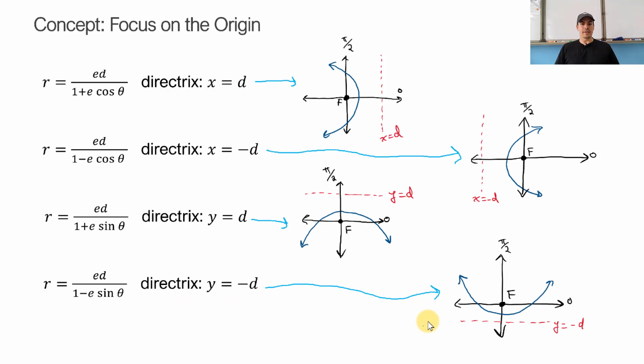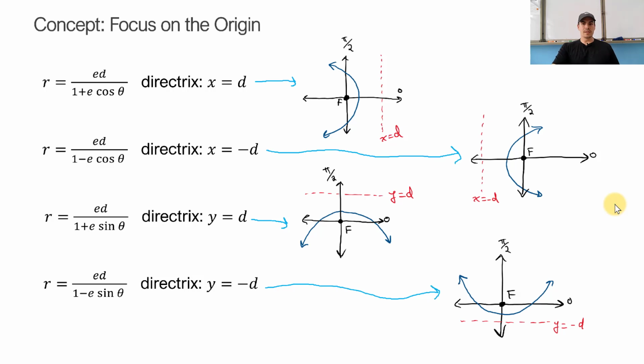So that's going to have a directrix that is below the pole. So minus, I'm going down, plus, I'm going up. Okay, and same thing here, plus I'm going to the right, and minus I'm going to the left with my directrix. So that's a way that we can kind of familiarize ourselves with these general forms of our conics in polar form.